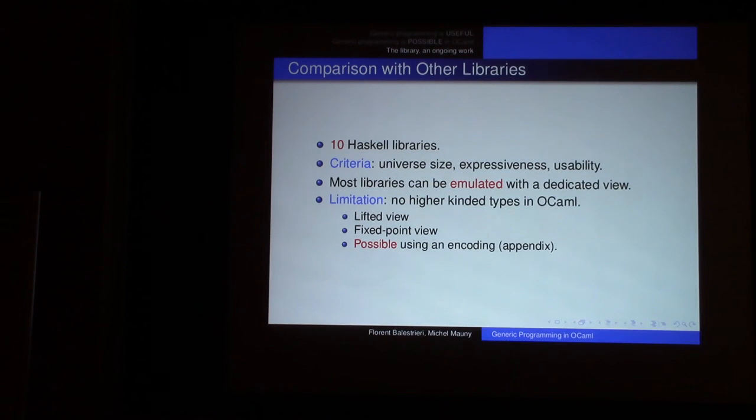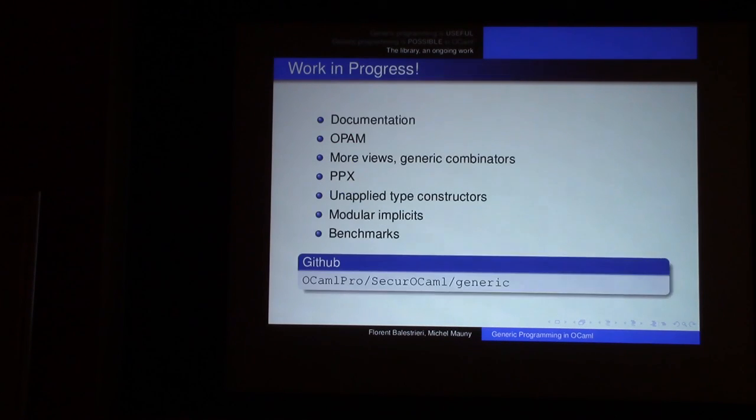And so the very novel thing of my approach is that I separate the generic view from the universe, which allows, in fact, to emulate a lot of these libraries. So most of them are actually covered by or will be covered when I write the corresponding views.